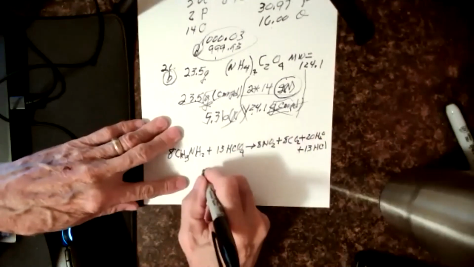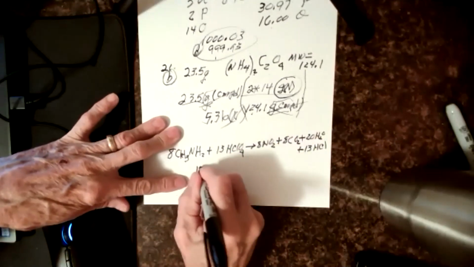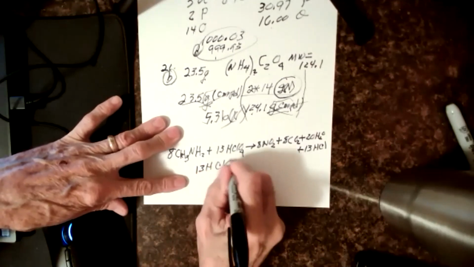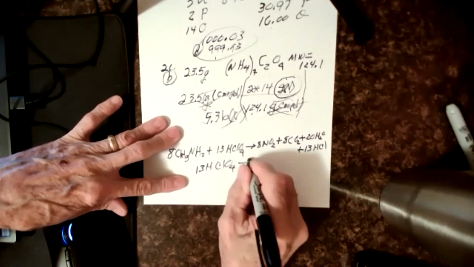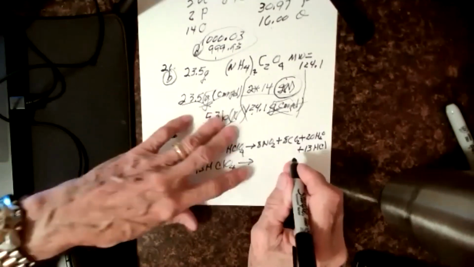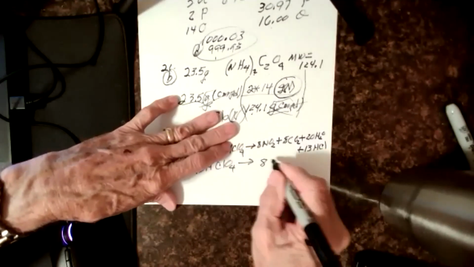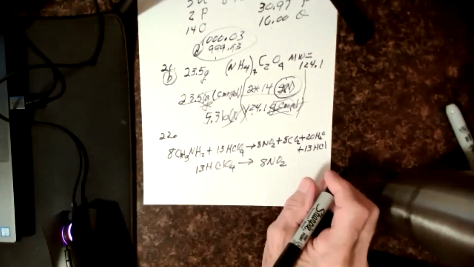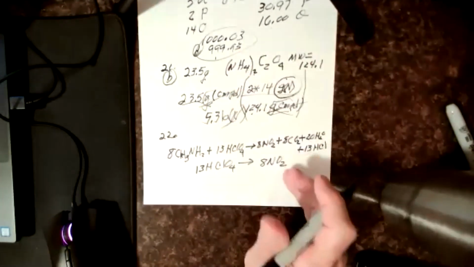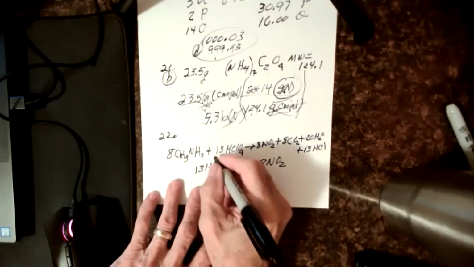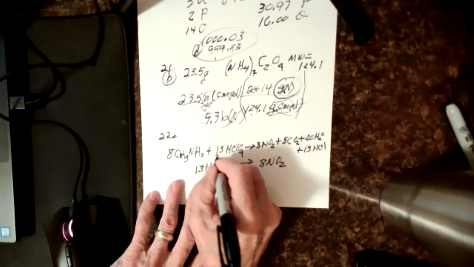I'm going to recopy the things just in this problem. There's 13 HClO4s, and it wants to know the nitrogen dioxide, and there's 8 NO2s. These are the only two things in this problem, so I'm going to ignore the rest of the stuff for this problem. We have 3.5 moles of this.